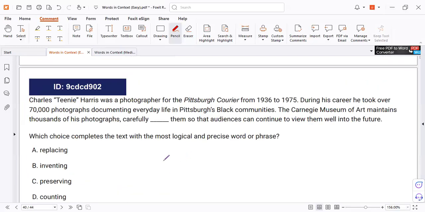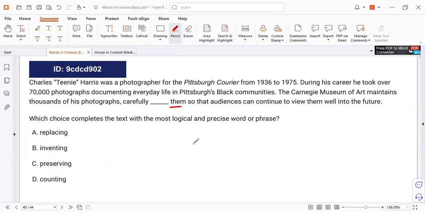What is next? D. Letter B, inventing? No. No, D. How counting?